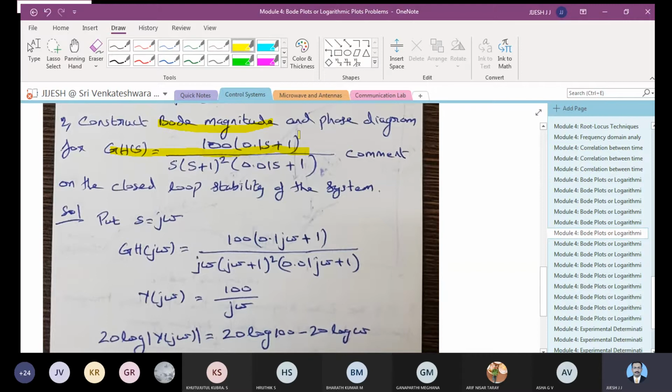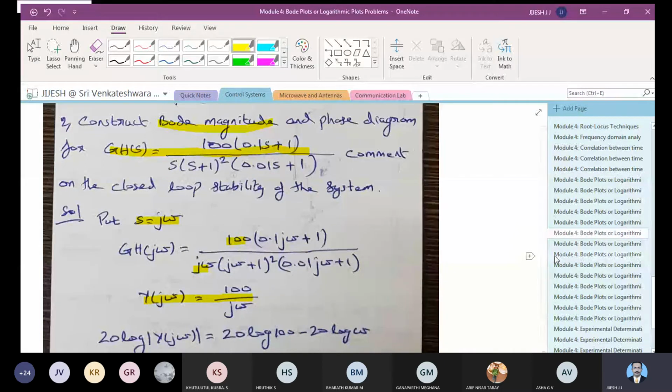If you take this problem, the first step, listen carefully, is to substitute s equal to j omega. After that I take the first term, Y of j omega, which I can write as 100 divided by j omega.